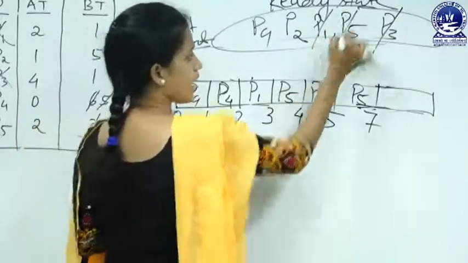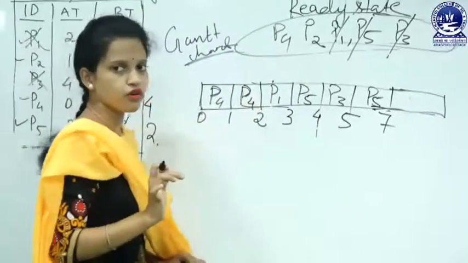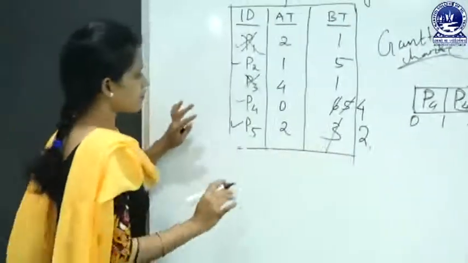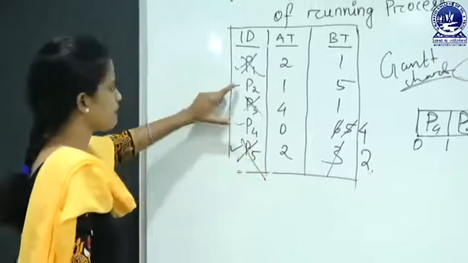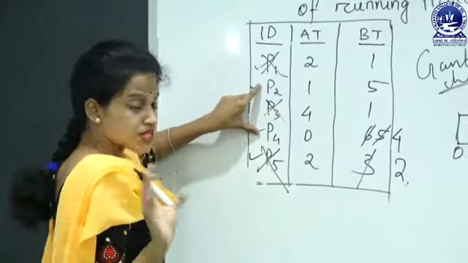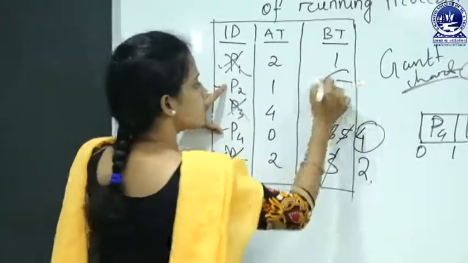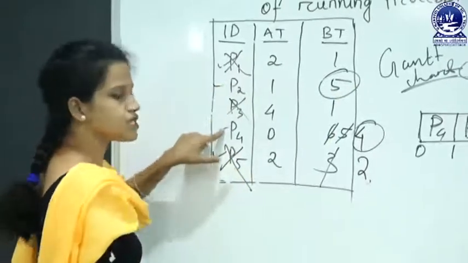So P5 is done. How many processes are there in the ready state? P2 and P4. So P5 completed, we have P2 and P4. The remaining burst time of P4 is 4, and P2 is 5, so P4 has the smaller burst time.